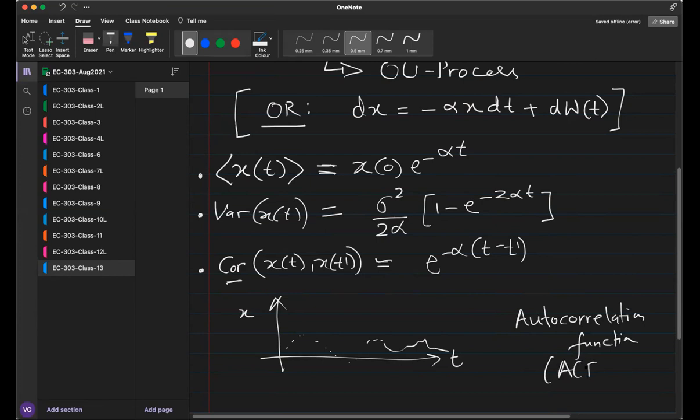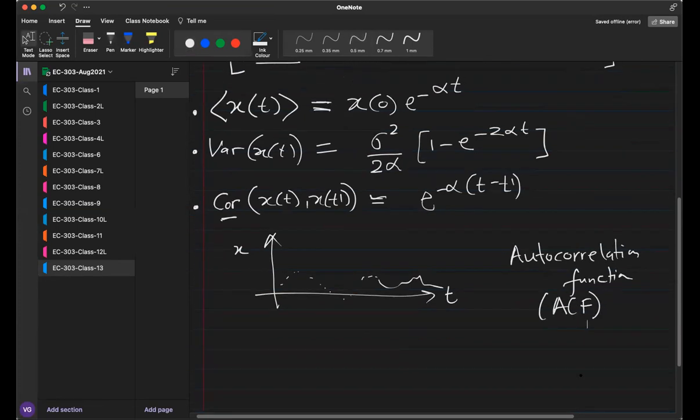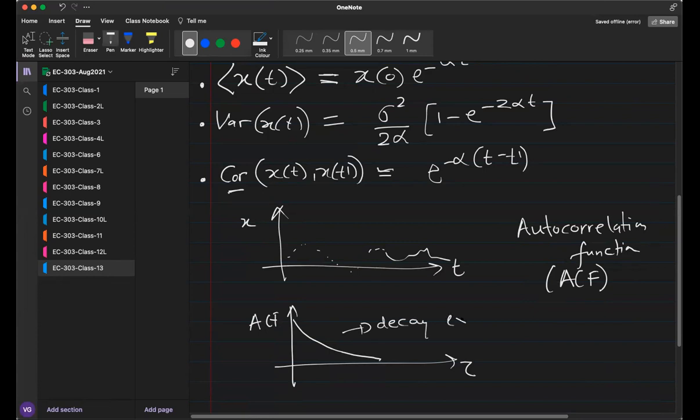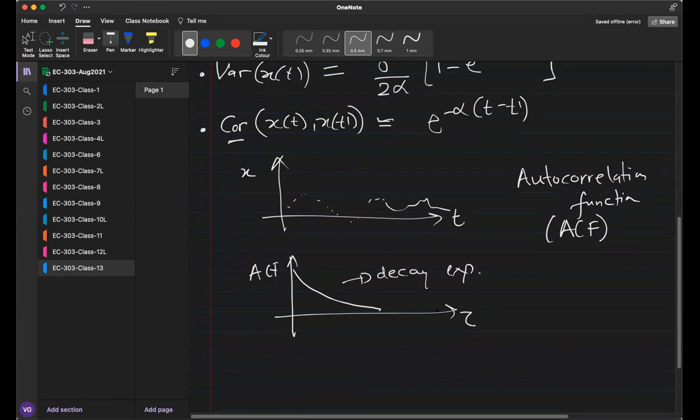It's one of the first things you learn in any sort of time series models that you learn in statistics. And this autocorrelation function, ACF, as a function of tau, in a process like the OU process, is expected to decay exponentially. So what you do is compute this and then fit the data to an exponential, and from that you must be able to estimate what is alpha.